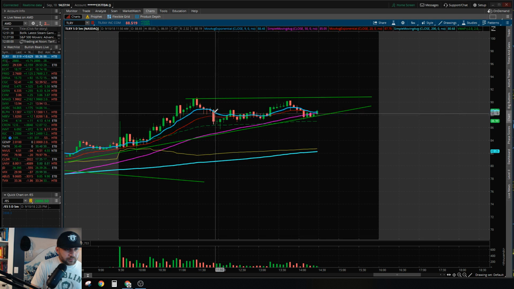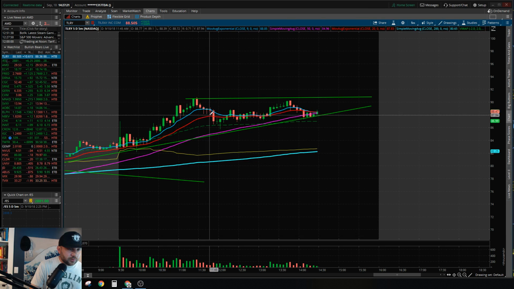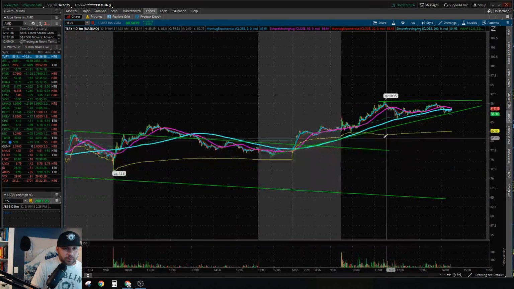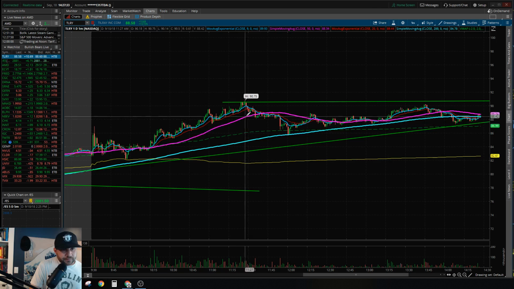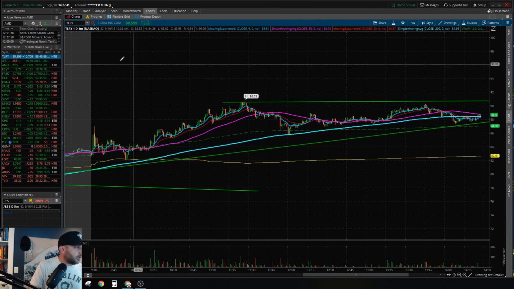And really, here's your first warning, with all these shadows, tails below the 9 EMA. This is where it started to break down. And if we go to a 1 minute, you pretty much got the 9 20, 9 20, 9 20 acting as support. And then finally the breakdown, 50 SMA crossover. That was really bearish. Once it got below the 50 SMA, it's only a matter of time before big sellers pushed it back to VWAP.